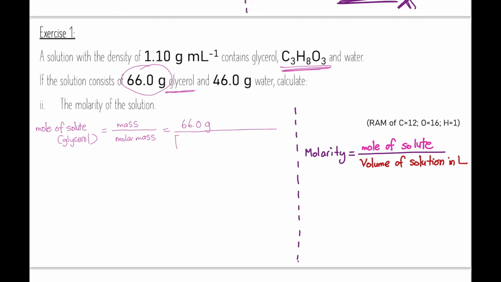So 3 times 12 plus 8 times 1 plus 3 times 16 gram per mole. When you calculate the value, you will find that the value is 0.7174 mole.